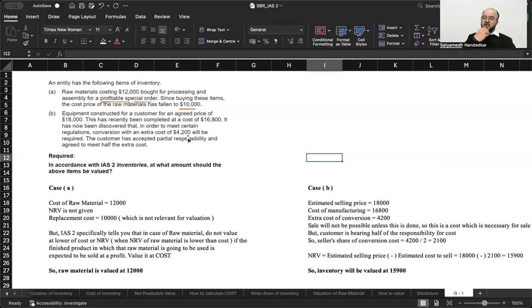So your share of the expense is only 50% of that, which is 2100. What is your net realizable value? Estimated selling price minus estimated cost to sell. 18,000 minus 2100, which is 15,900. Cost 16,800, NRV 15,900. Inventory will be valued at lower of the two, and hence the inventory will be valued at 15,900.